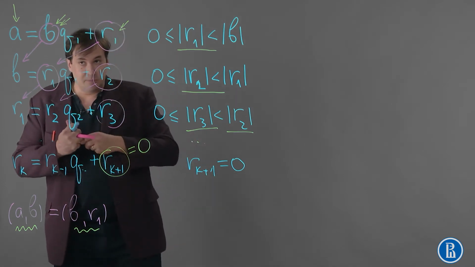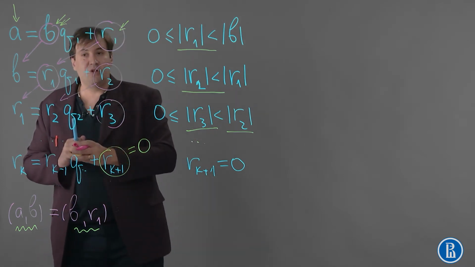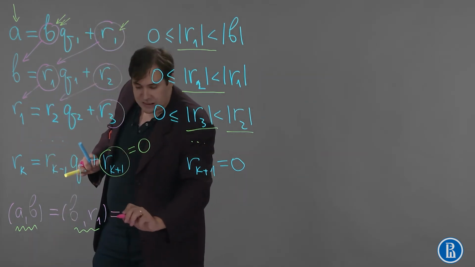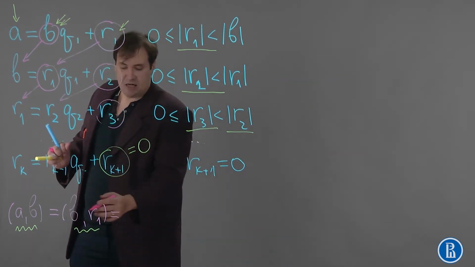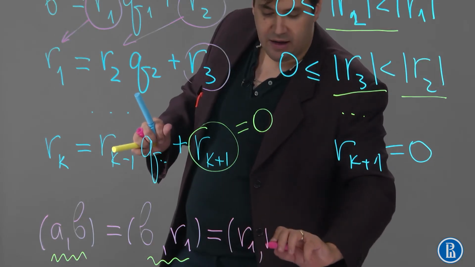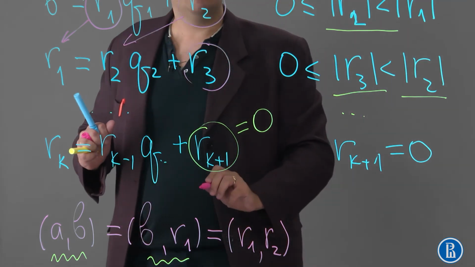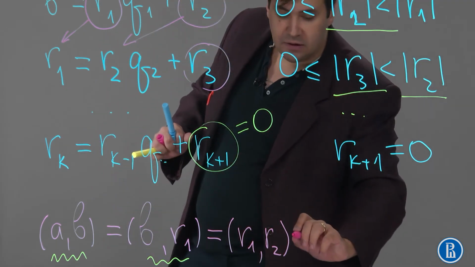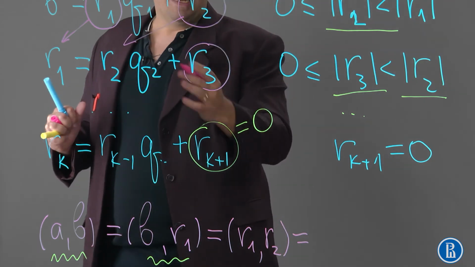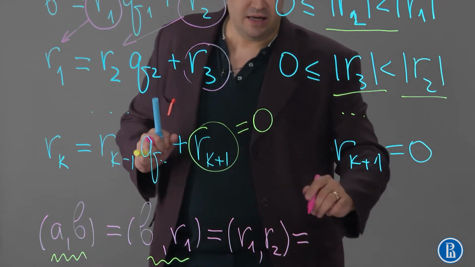Since all steps of the Euclidean algorithm are almost the same, we can conclude that this is equal to the greatest common divisor of R1 and R2, which is equal to the greatest common divisor of R2 and R3, and so on and so on.